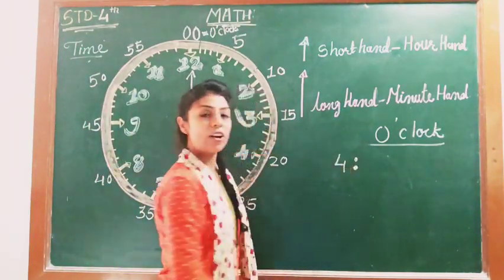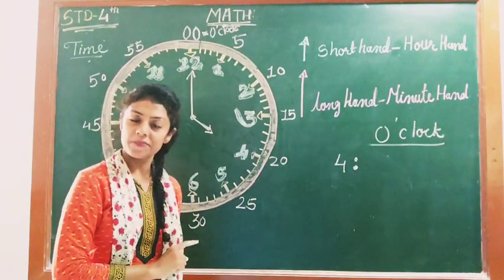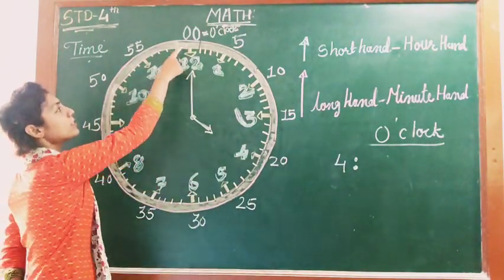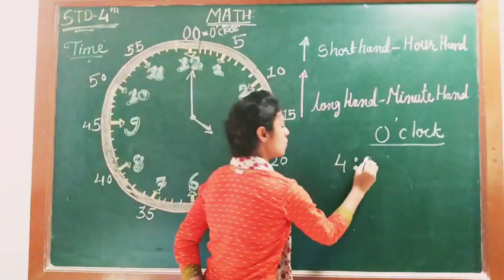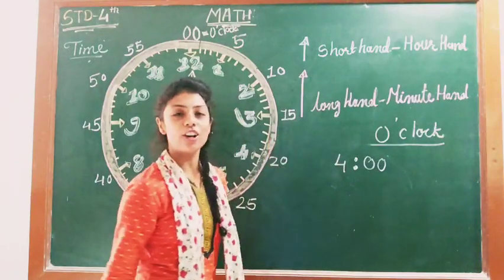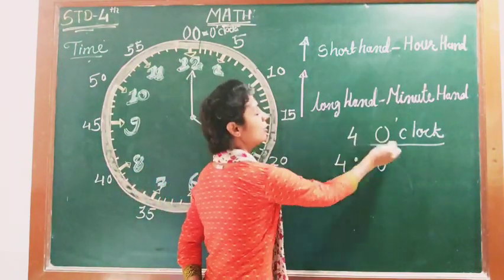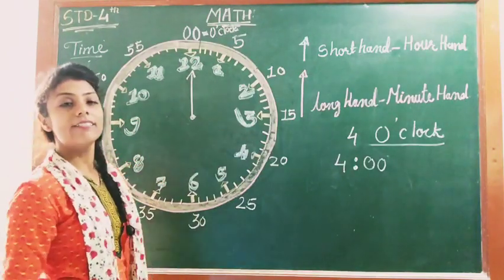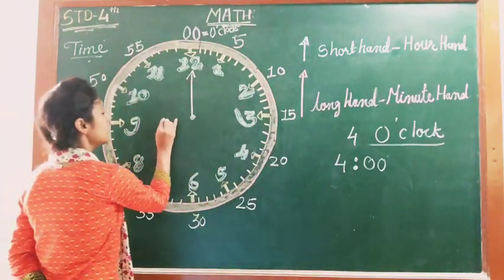Then third step, we'll see the minute hand. It's toward the 12, so 0, 0. So this is 4 o'clock. Again, if our hour hand is towards the 9.